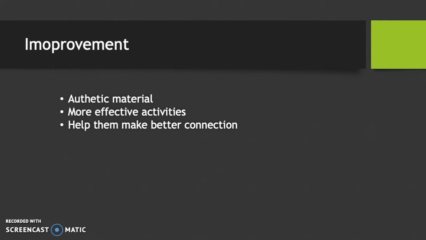Also, I want to be able to help them make better connections to what they're studying. There are times when the students seem like they don't understand why they are doing something.